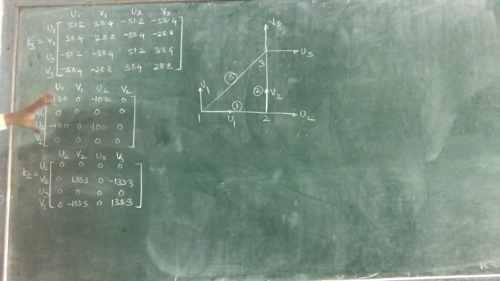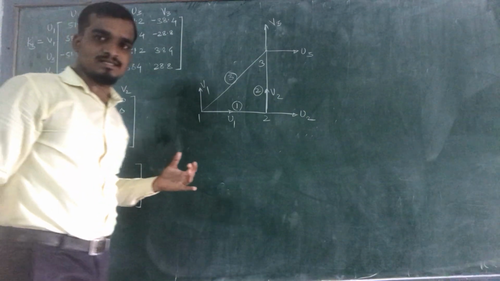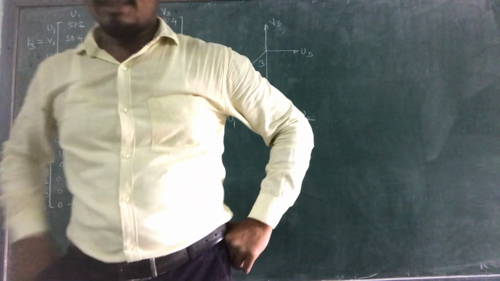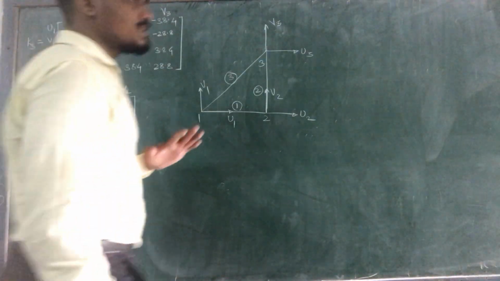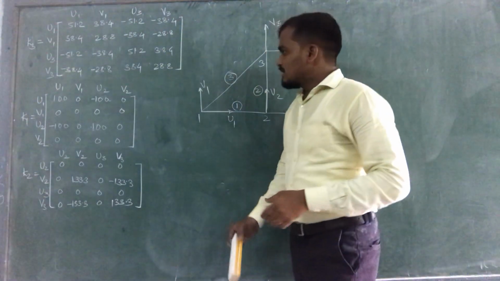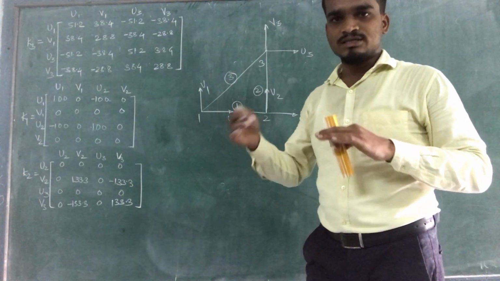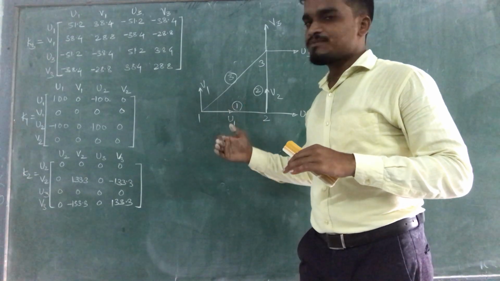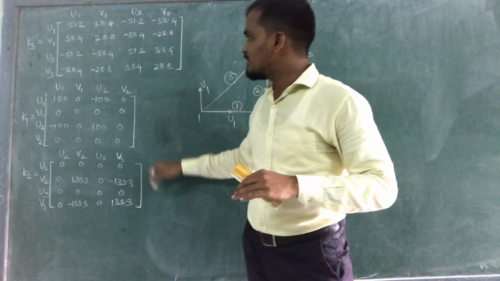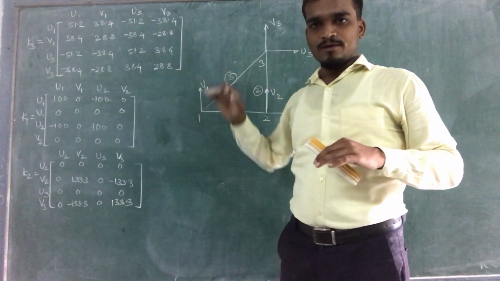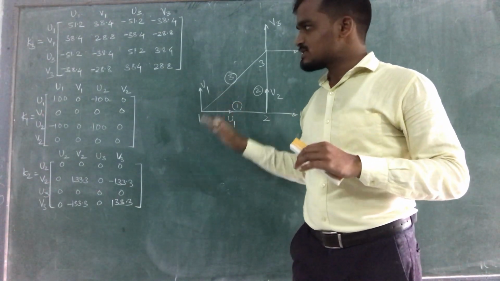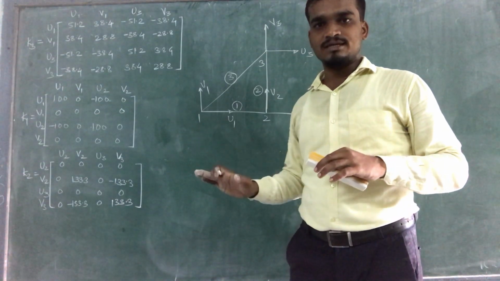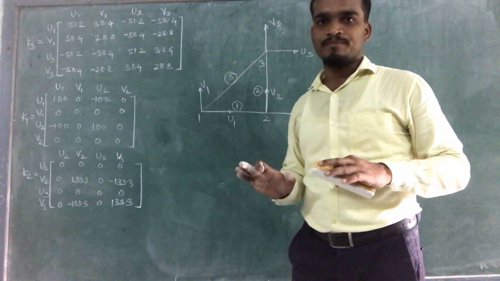Now by using these three elemental stiffness matrices, we will construct our global stiffness matrix. So up to this clear. Now try to construct the global stiffness matrix by using these three elemental stiffness matrices. I will construct this global stiffness matrix in your next lecture. Up to this it is clear, and I will conclude this lecture here only. Okay, thank you.